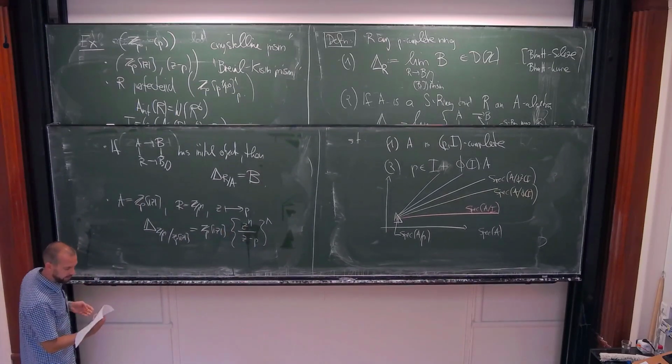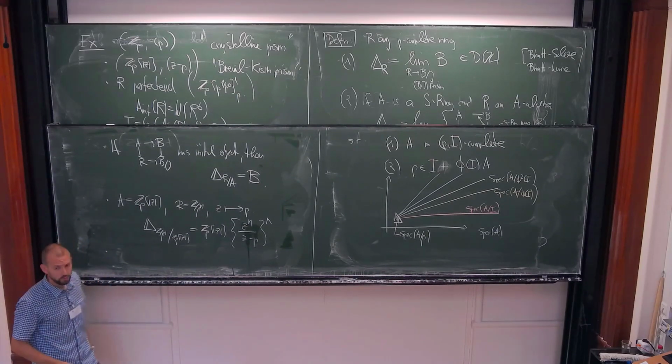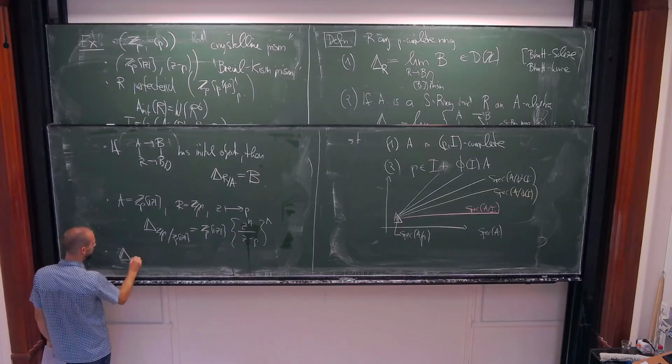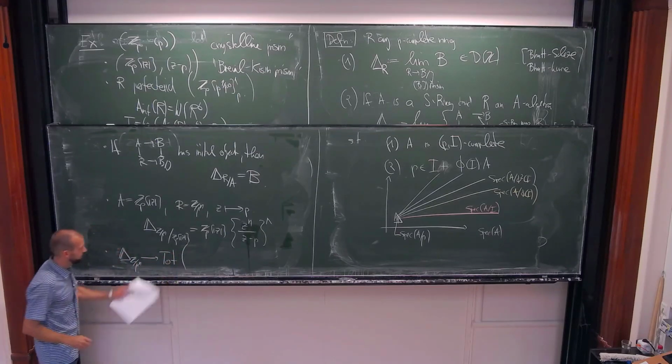And let me say one last thing, and this is what we actually use in our calculation. Finally, what you want to do is compute the absolute prismatic cohomology of P^n. It turns out you can use some descent statement from these relative ones.